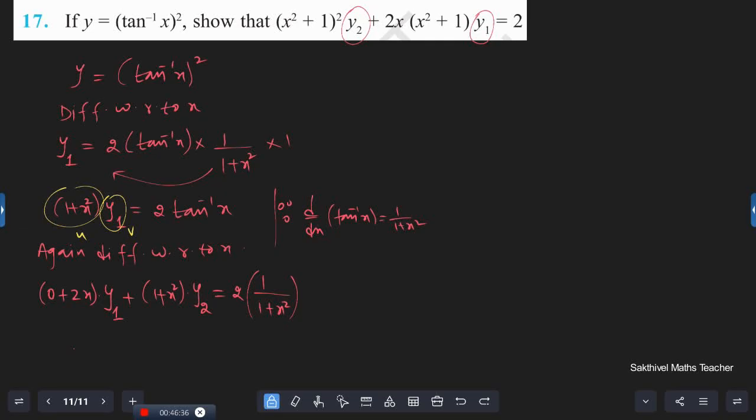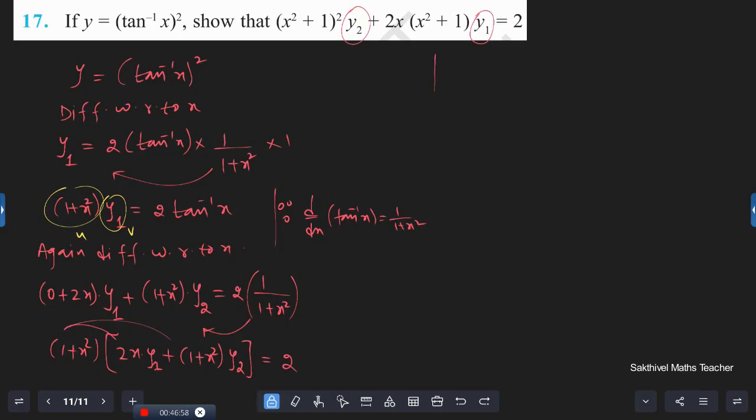Now again what you do? This you bring this side. So what am I getting then? (1 plus x square) into 2x into y1 plus (1 plus x square) into y2, which is equal to 2 into 1, that is 2. Now take this whole and multiply here.